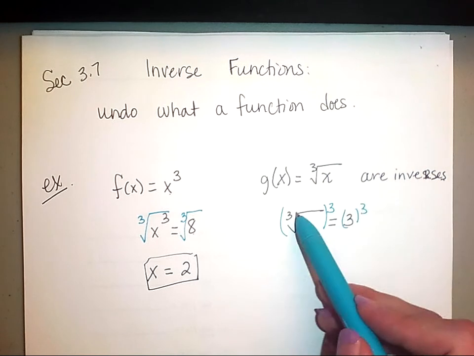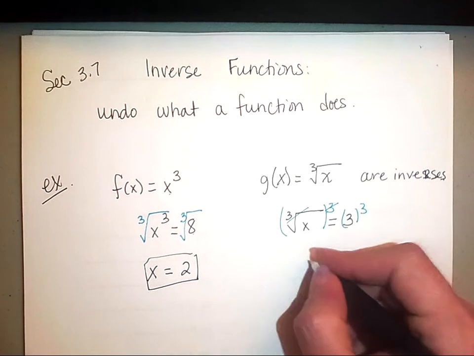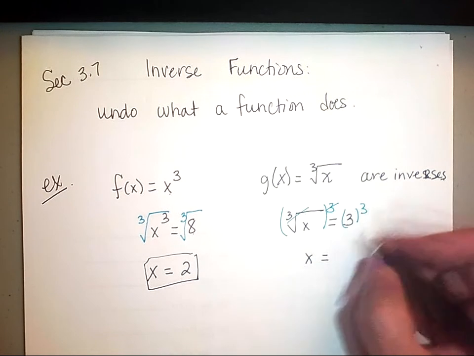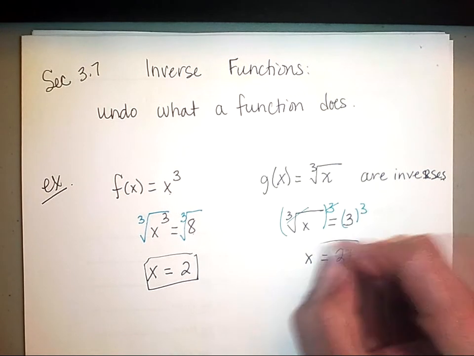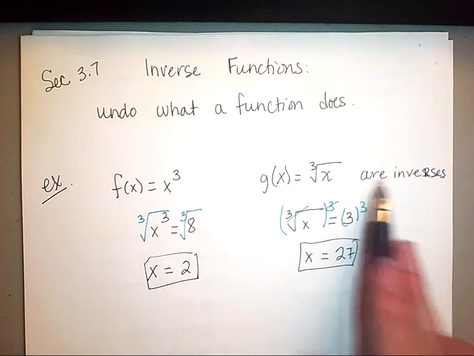The reason why that would work is that by cubing a cube root, these two would undo each other and we would be left with x is equal to 3 cubed, which is 27. So these two are inverses of one another.